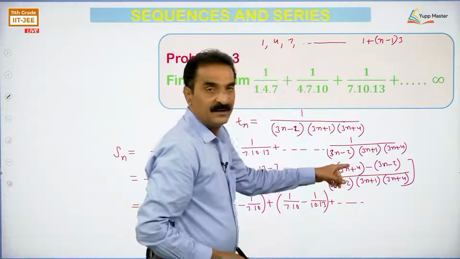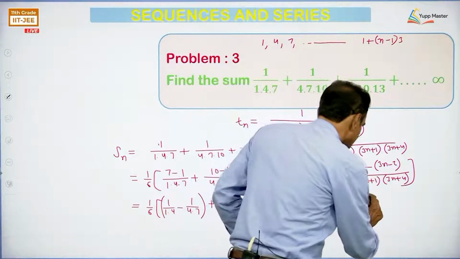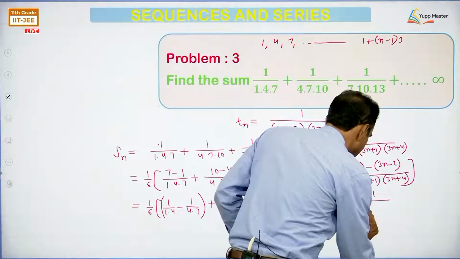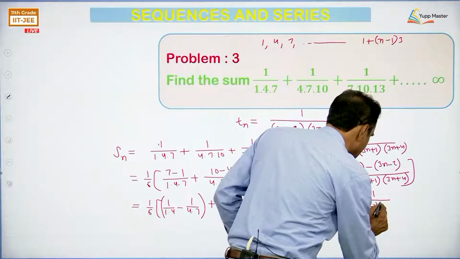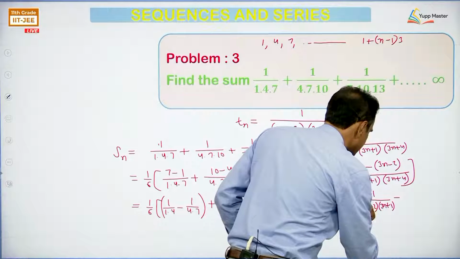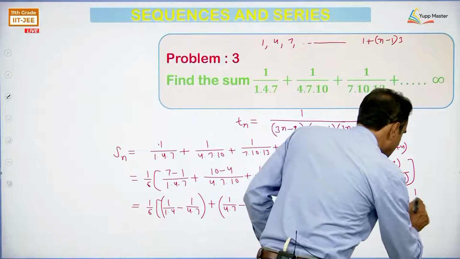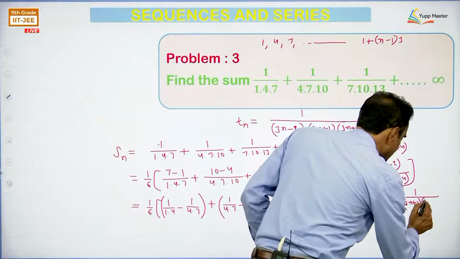Last term, if you separate the denominator, 3n plus 4 cancels first, you will get 1 by 3n minus 2 into 3n plus 1 minus 1 by 3n plus 1 into 3n plus 4.